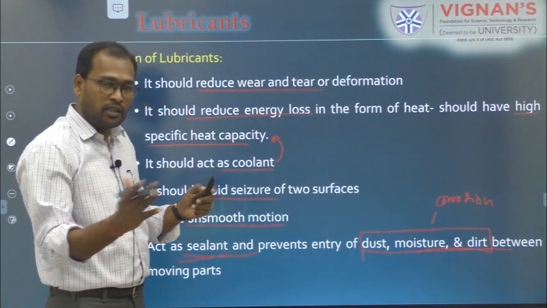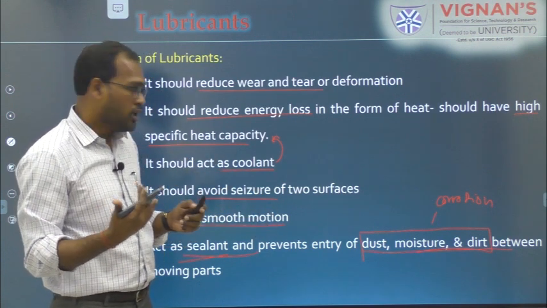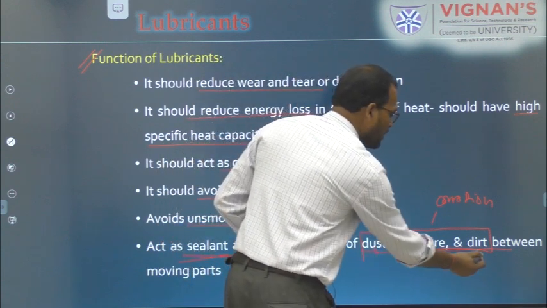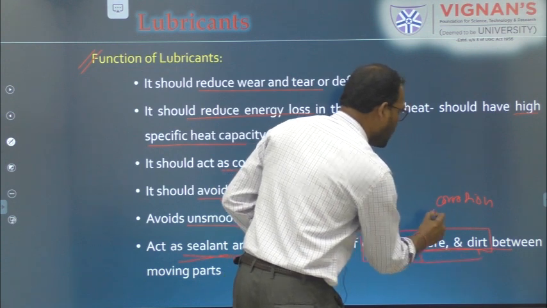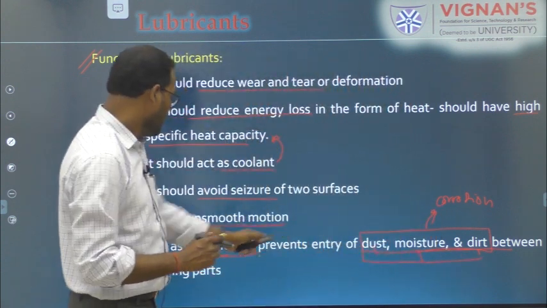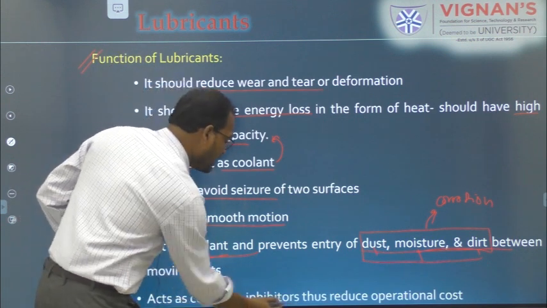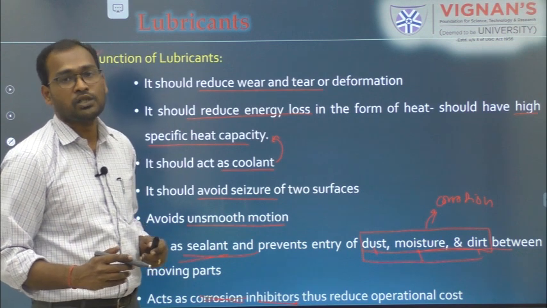That means nothing can go in or come out of the material, right, and it should avoid entry of all these things, dust, moisture and dirt, and these three are the main reason for corrosion, and thereby this lubricant should act as a corrosion inhibitor.